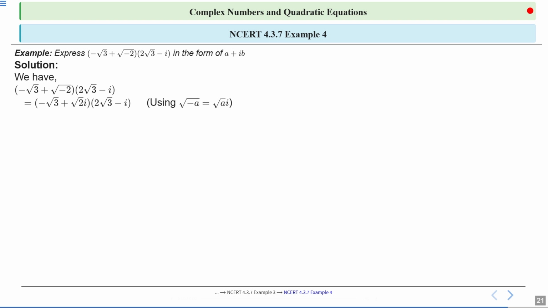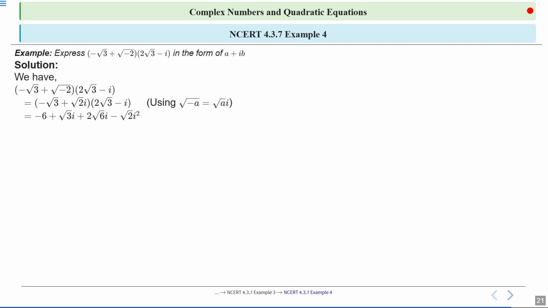Now we use the property that the square root of a negative number can be written as square root of minus a equals square root of a times iota. So square root of minus 2 equals square root of 2 times iota. Now our expression will look like minus square root of 3 plus square root of 2 times iota times 2 times root 3 minus iota.